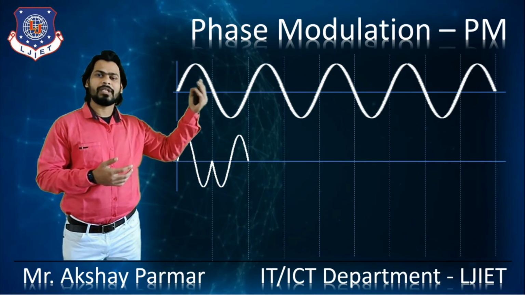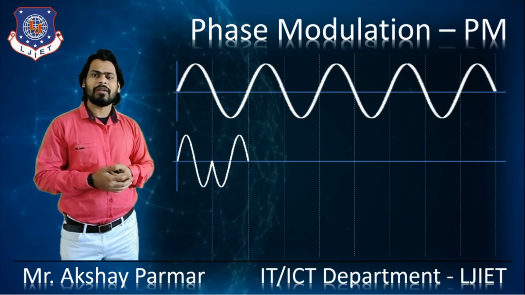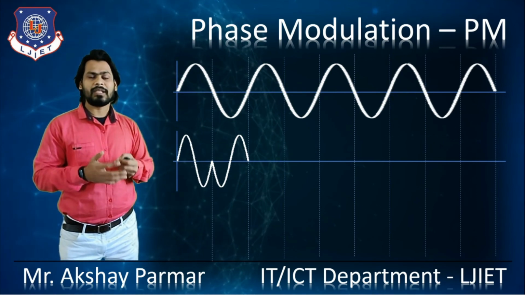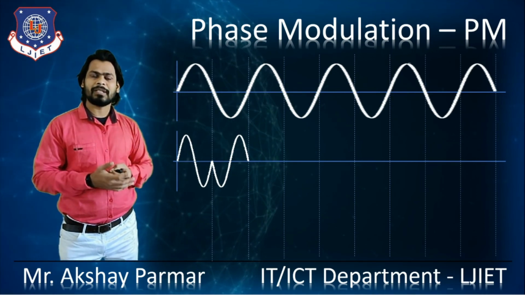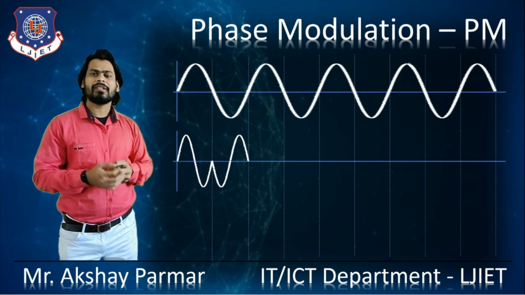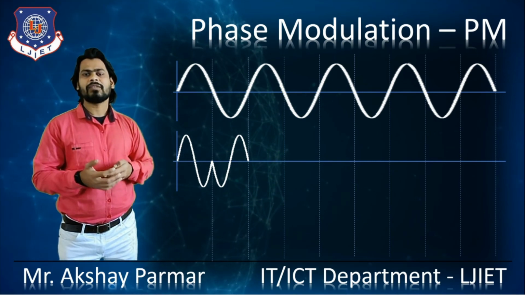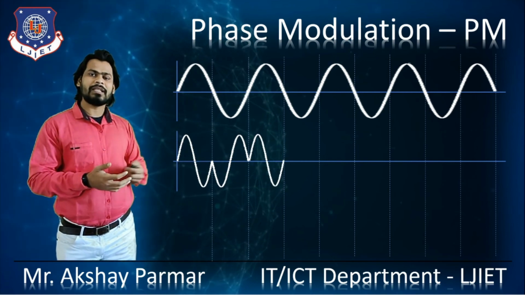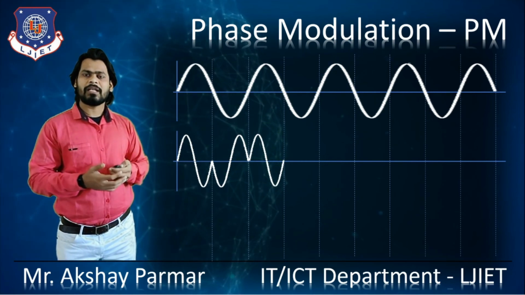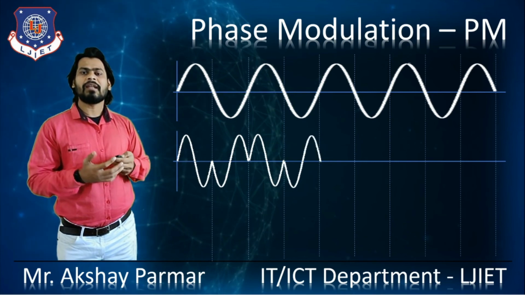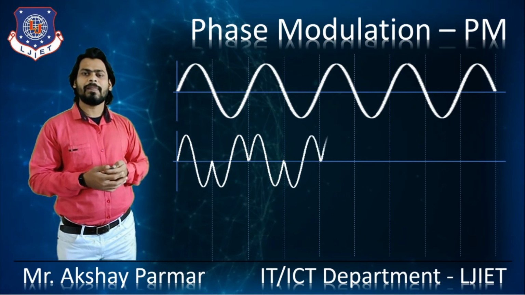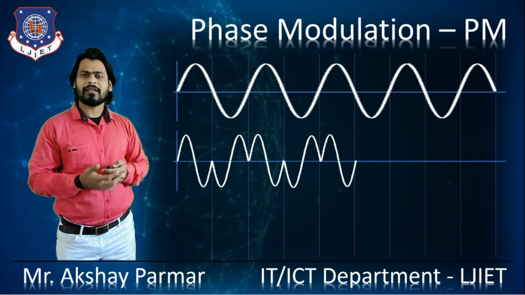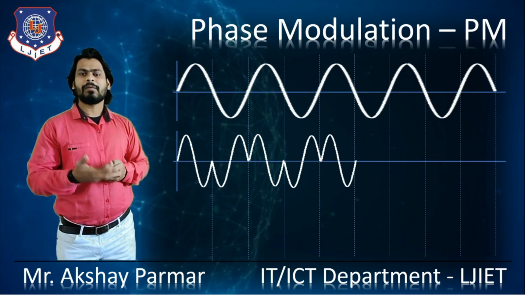After that, the positive side of the signal is encountered, so we use the same method: we represent it by a signal with 0 degree phase difference. After that, the negative side is there, so we represent it by the 180-degree phase difference, and that's how we are modulating the carrier signal with respect to an input signal, right?